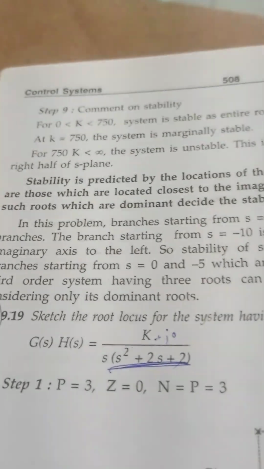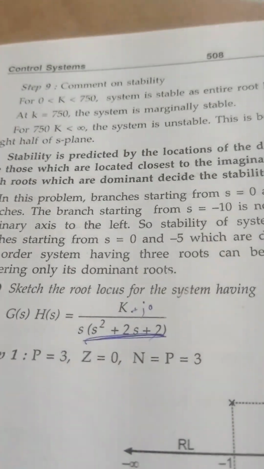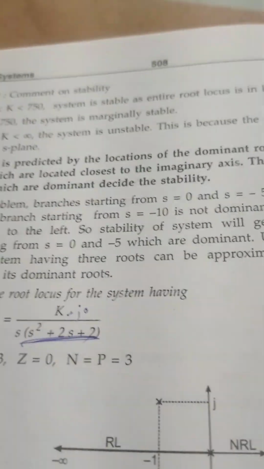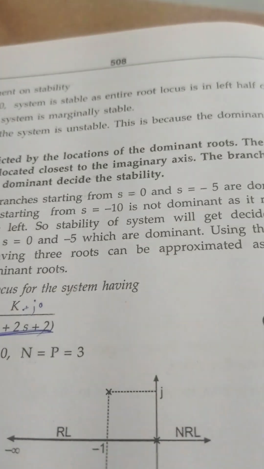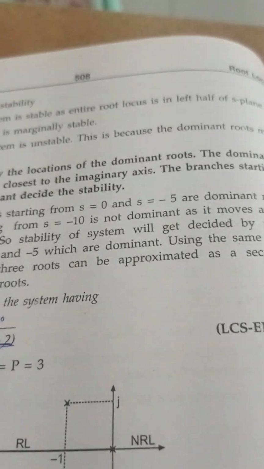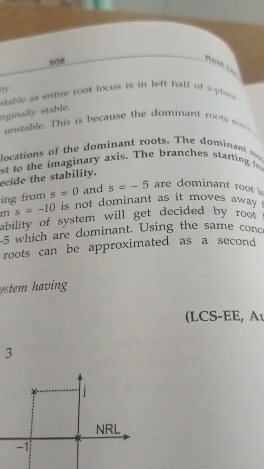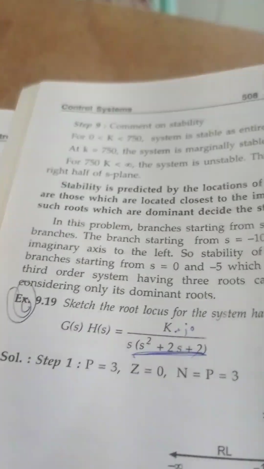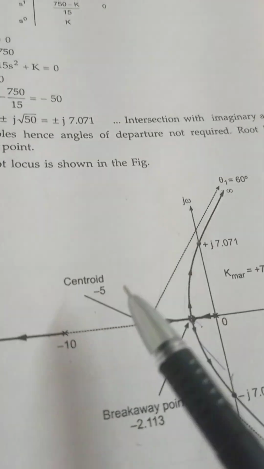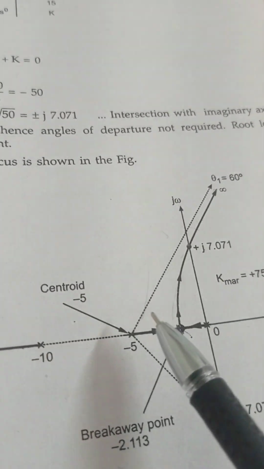From this diagram, what comment can we give on the stability? For 0 less than k less than 50, the system is stable as the entire root locus is in the left half of the s plane. If the root locus is in the left of the s plane, the system will be stable.